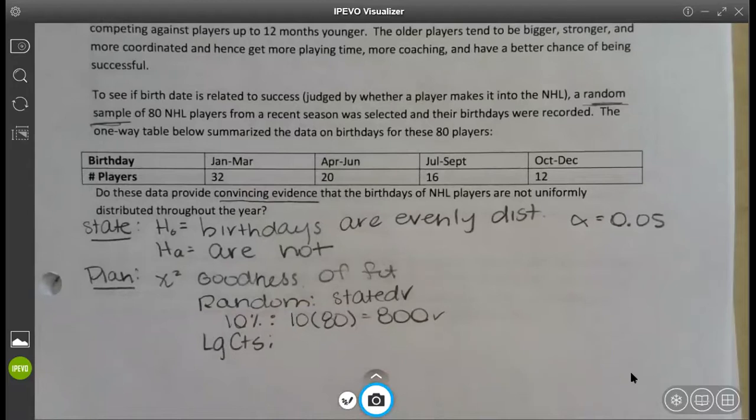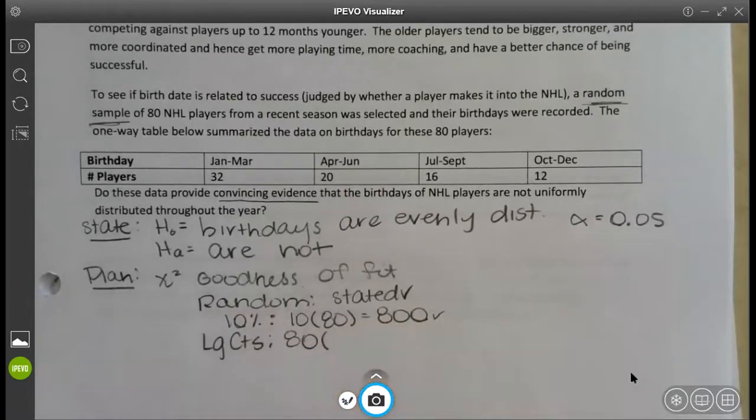Your expected have to be what? So what do we do? What would be the probability?